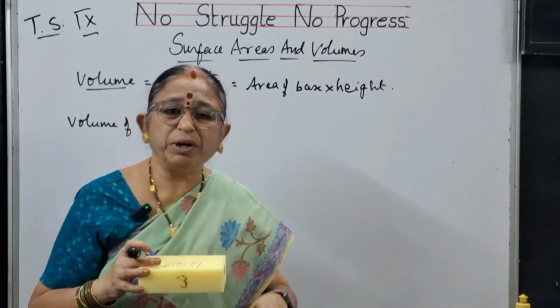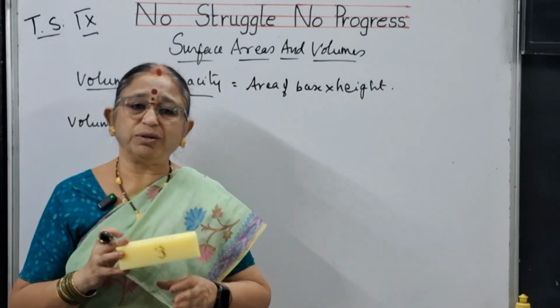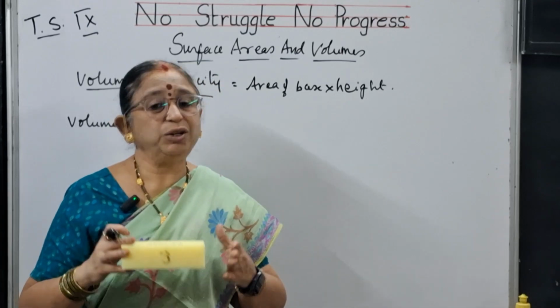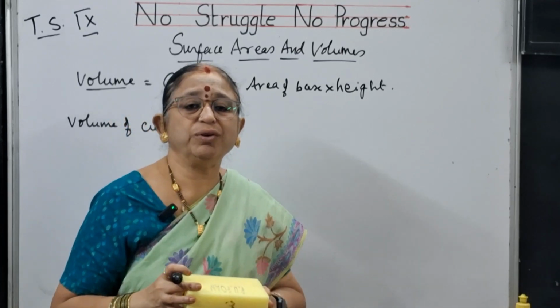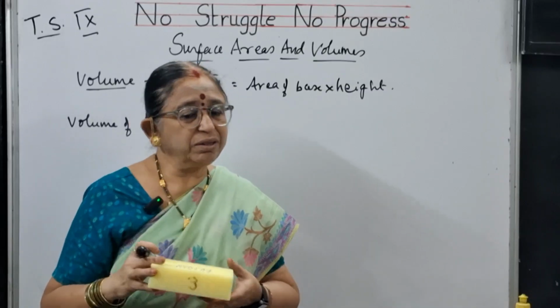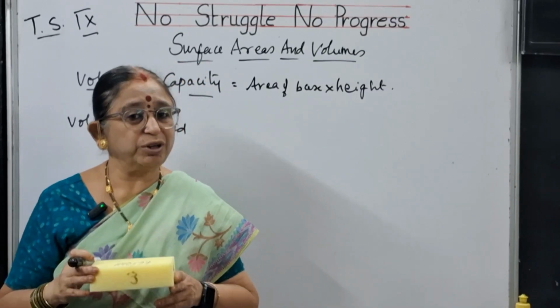So if you remember the general formula, volume is area of base into height. That will give you a very clear cut formula for whatever shape is given to your children. Now we are going to talk about cuboid.